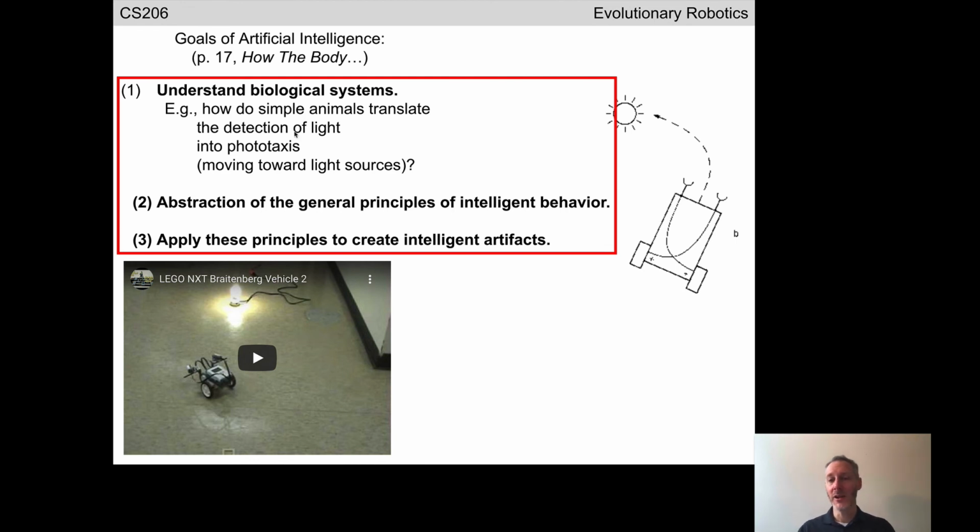As we study biological intelligence, can we distill it down, in the case of the early AI researchers, into a precise description of what intelligence is, and then turn it into code?